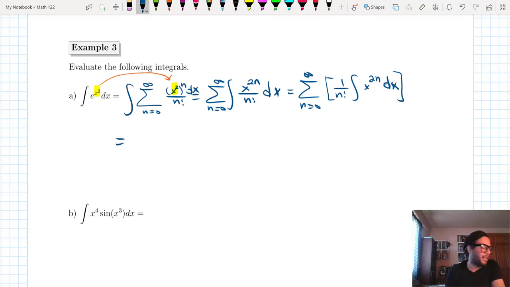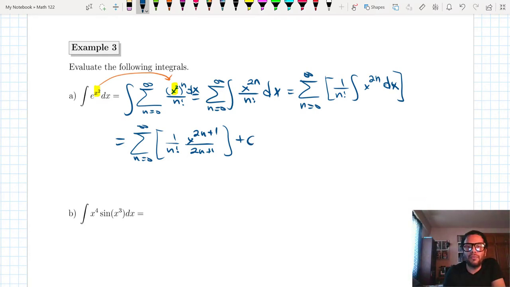So we are going to have sigma n equals 0 to infinity 1 over n factorial, and using the general power rule, add 1 to the exponent, divide by the new exponent, that is x to the 2n plus 1, divide by 2n plus 1, plus c.